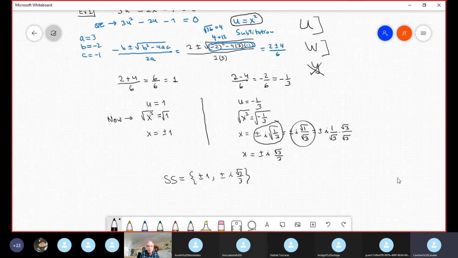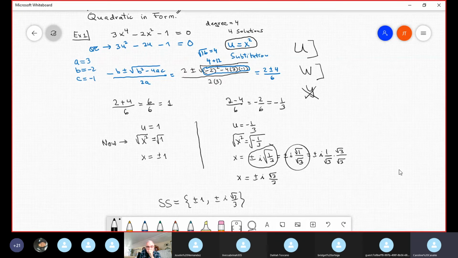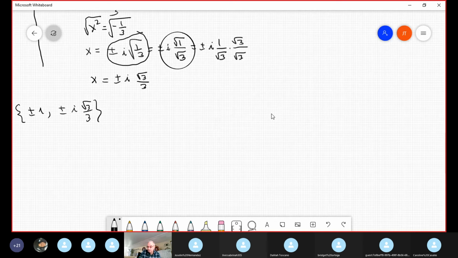I have a question. Go ahead. For the one where u equals negative 1/3, the way you solved that one, can you please explain it again? Okay, in this case, it's radical 1/3. Forget about plus or minus I for now.